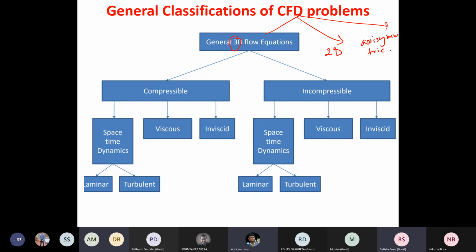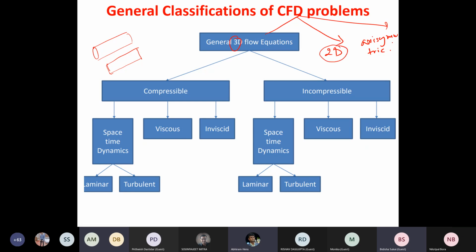So in many cases, initially we start with 2D problems. Even if you consider a pipe flow, you can take an equivalent 2D geometry, a cross section of this plane, and you can analyze that. That is possible, for simplification.